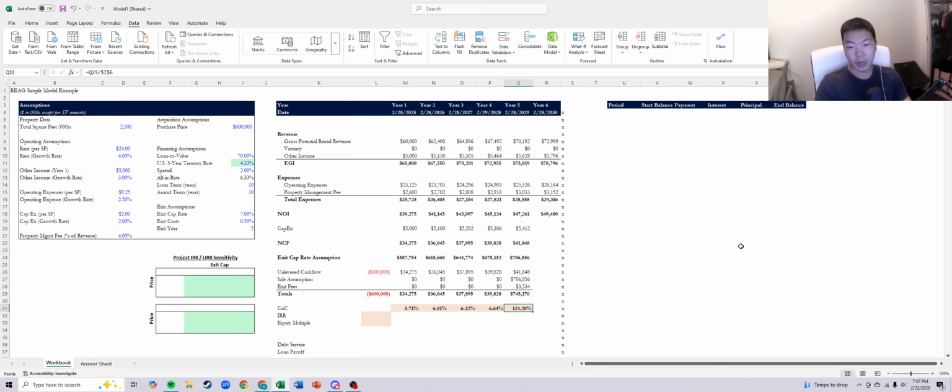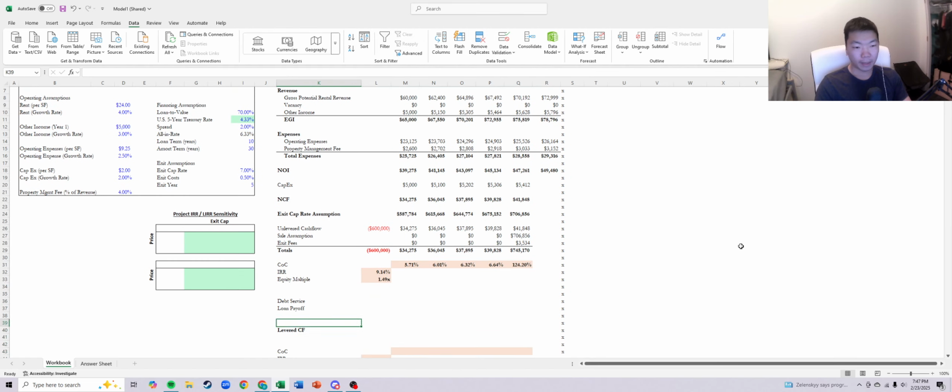So it's going to be high in our exit year because of that cash injection from the sale. Our IRR would be this, 9%. Equity multiple is all the money made divided by all the money we put in.